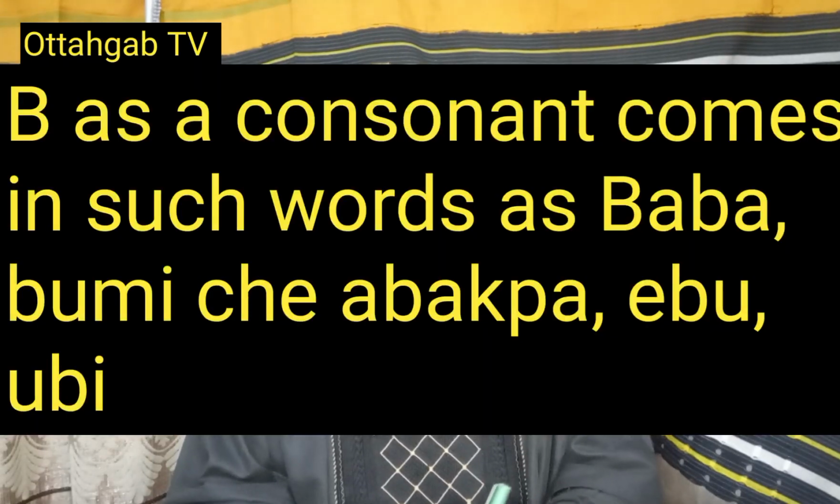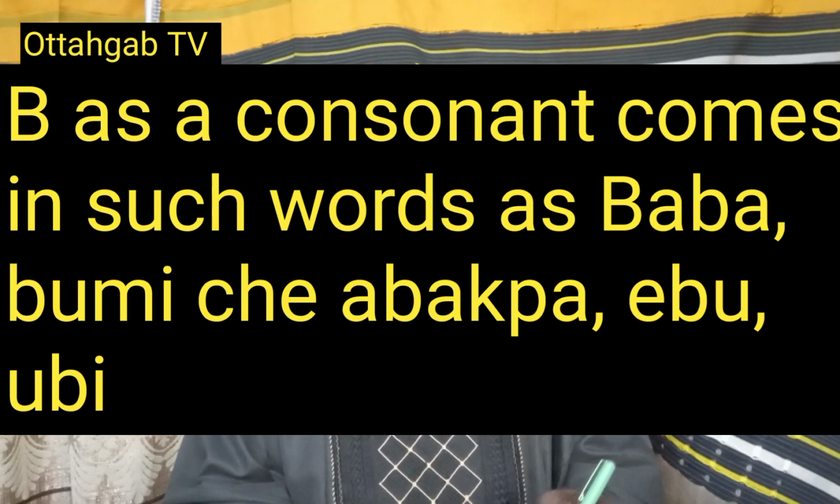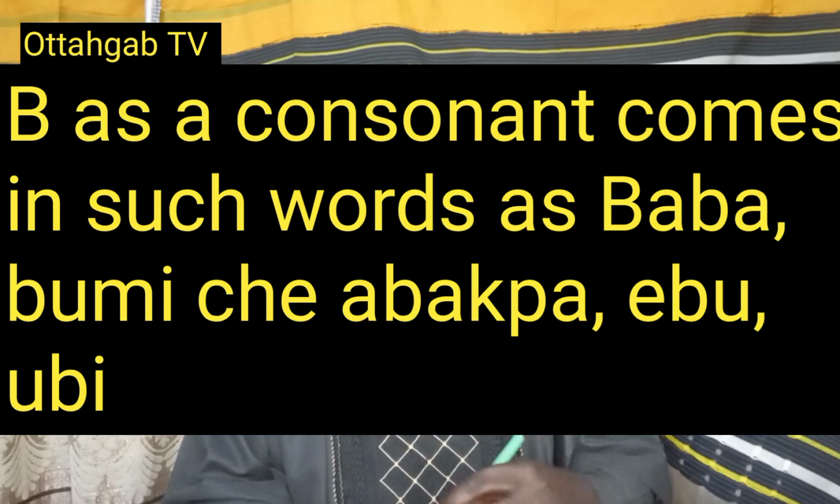If, for example, we take B, the first one we used today, we can see B as a consonant in words like Baba, Bumiche, and so on and so forth.